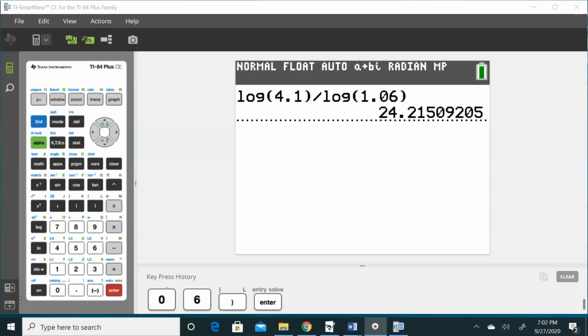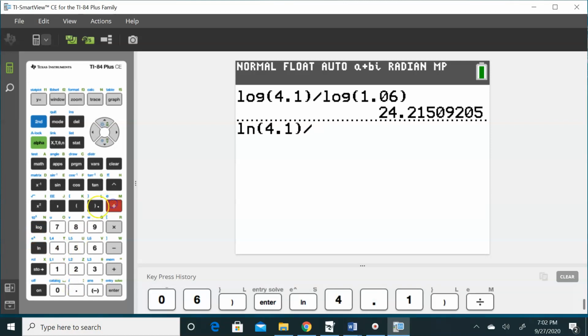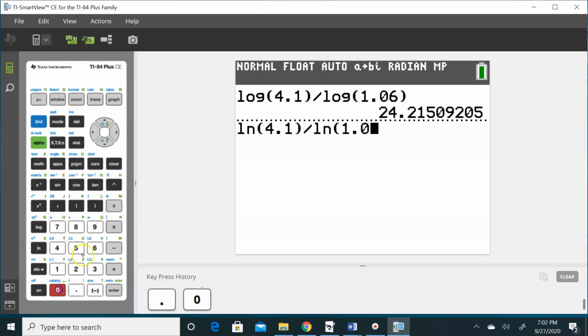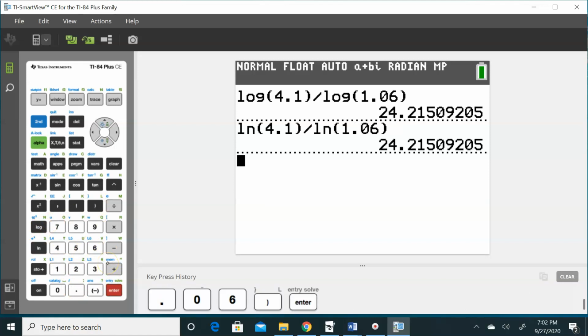So as you can see, I did it on the calculator. I typed it in, but instead of using log, the common log, I could use ln. And I get the same result because log is base 10 and ln is base e, so I'm using the same base: base 10 here, base 10 here, base e here, base e here. I'm going to get the same thing.